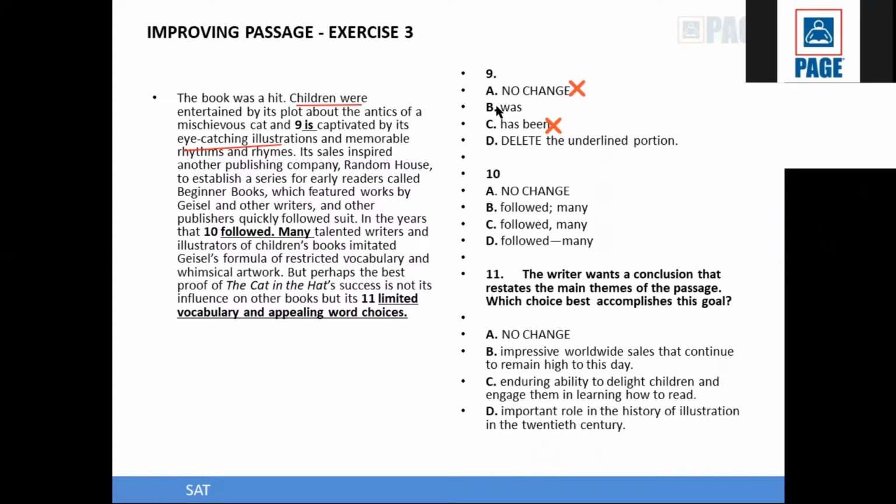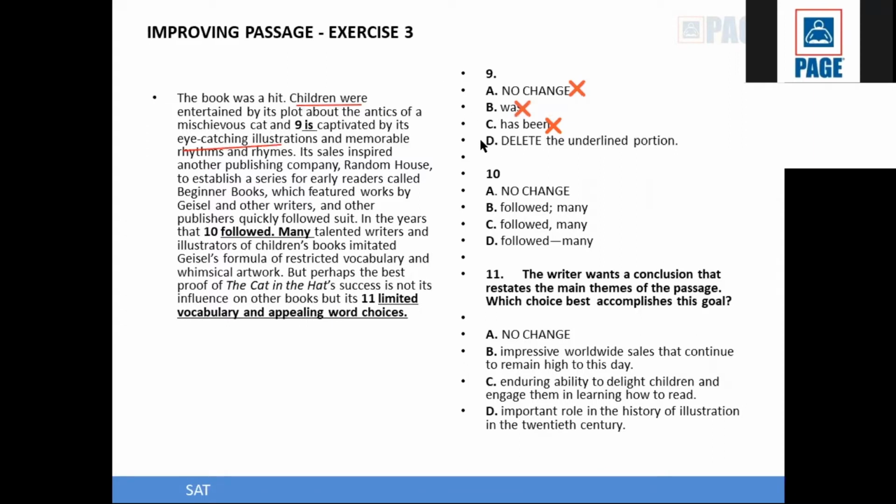So is our answer B or D? B or D? We need to go with the crisp sentence. Many gave B and D as an answer. Let's check. Children were entertained by its plot about the antics of a mischievous cat, and children was captivated by its eye-catching illustration. Children was captivated? Children is plural, so it cannot be "was."